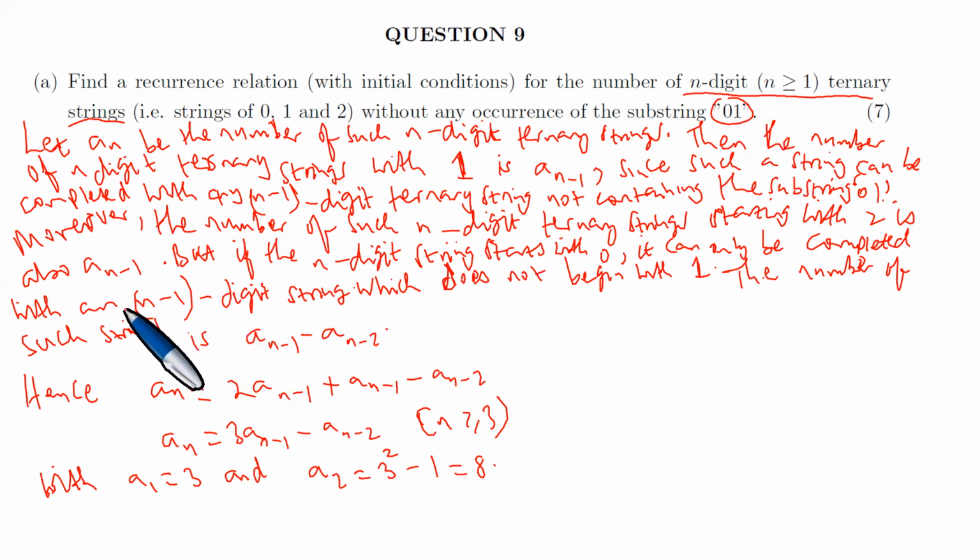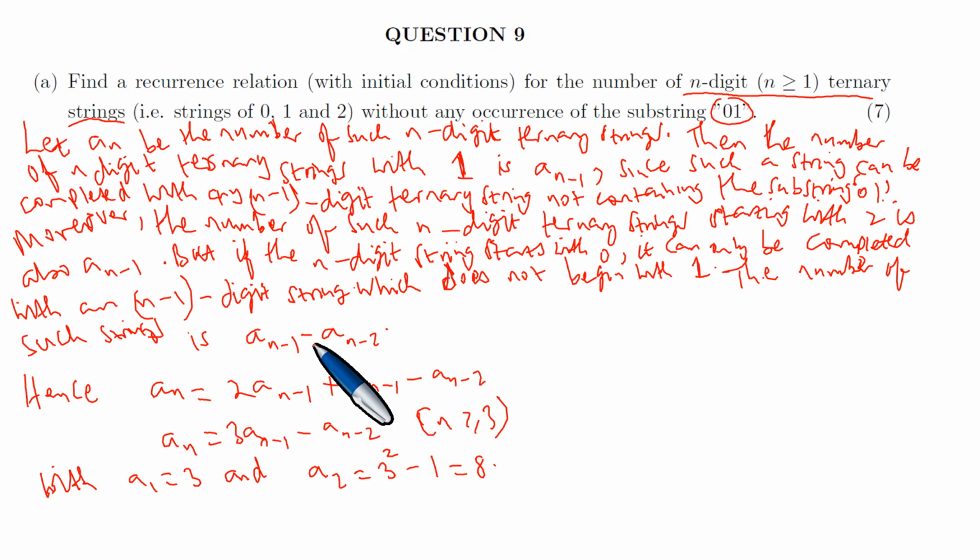So you can complete it with an n minus 1 digit string, and hence the a_{n-1}. Right, the number of such strings is then what? Right, so the number of such strings, therefore, is a_{n-1} minus a_{n-2}. So you are looking at those that begin with 0, and you subtract a_{n-2}.